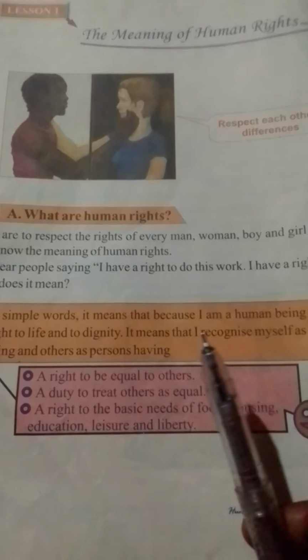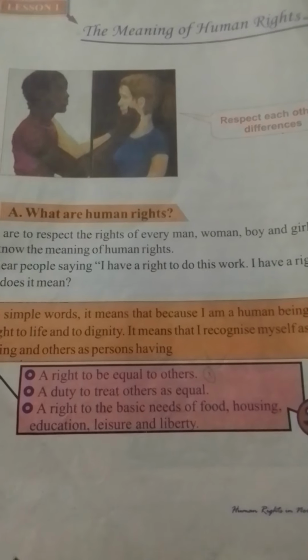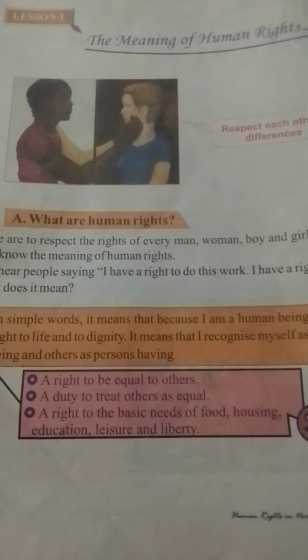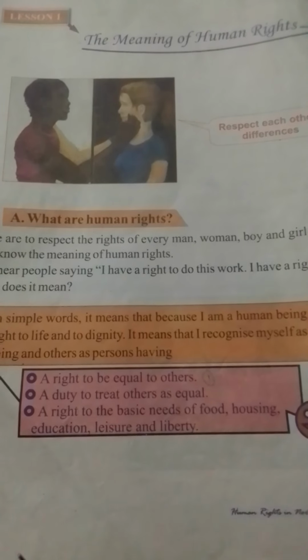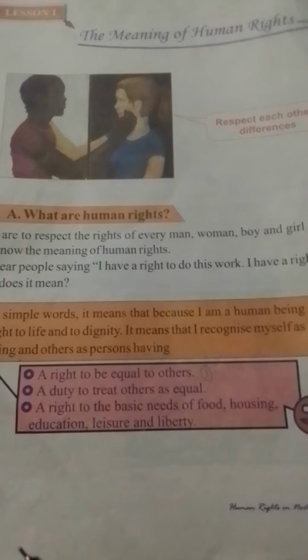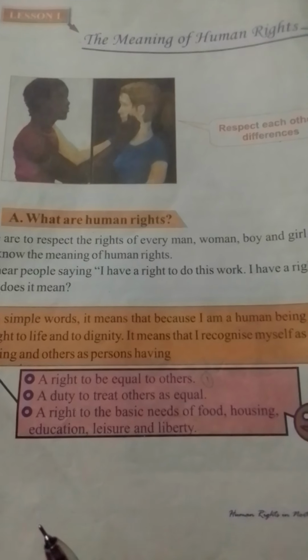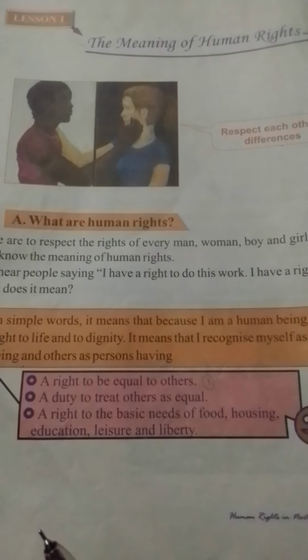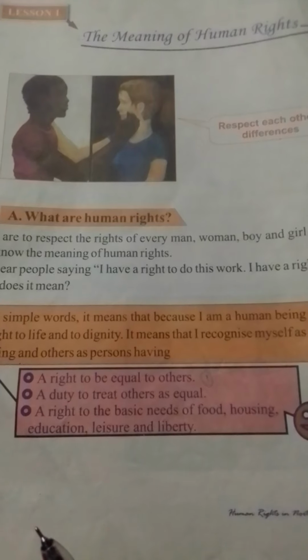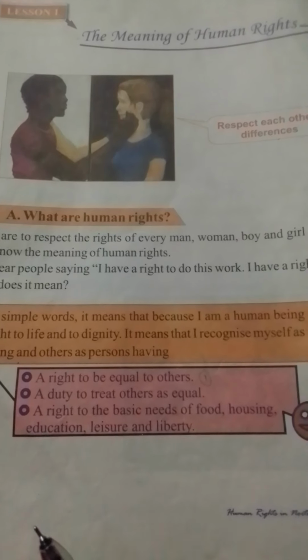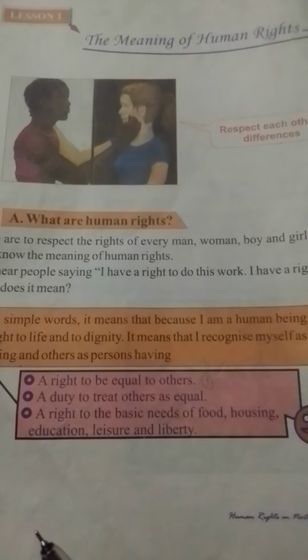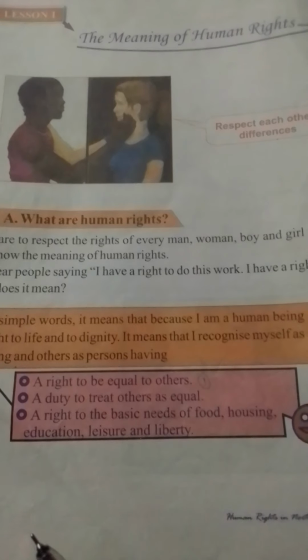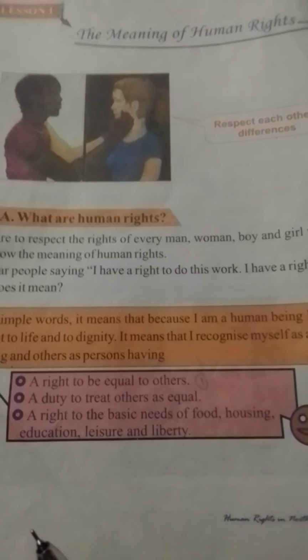If somebody says I have a right to do this work, it means he has a right to do this work. And if somebody says that I have a right to study, it means there is a right to study. So both of these persons have the right to do the work and to study.